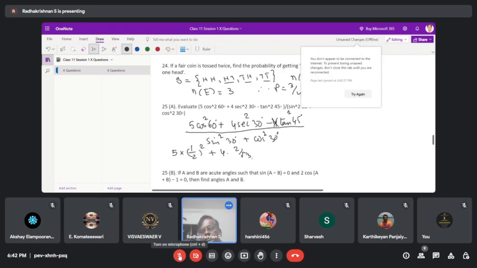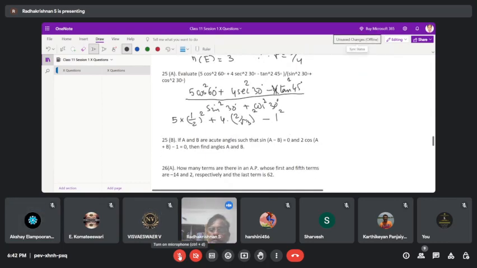Cos 30 is root 3 by 2, so secant 30 is the inverse, 2 by root 3. What is tan 45? 1. Tan square 45 will be 1 square, which is 1.